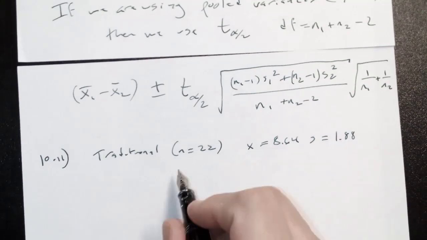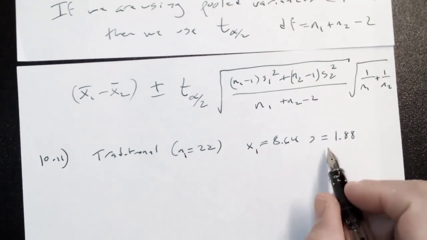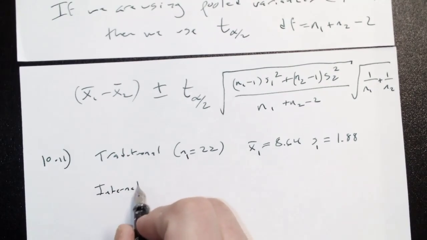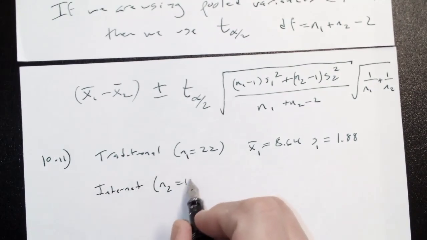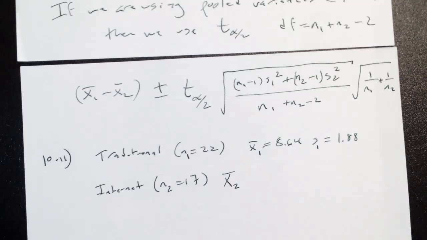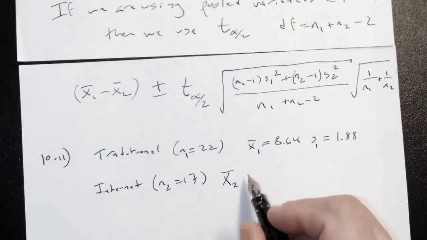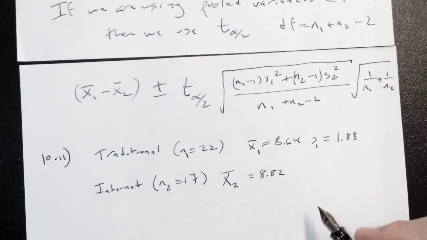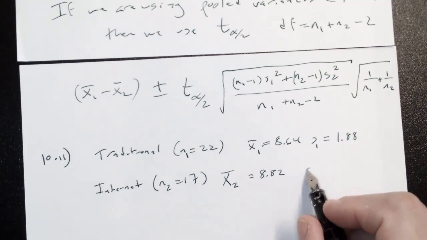Since they listed this group first, I'm going to call this group 1, and I'm going to label all of these pieces of data as N1, X bar 1, and S1. The internet students, which had a group of 17, had an average of 8.82 and a standard deviation of 1.7.